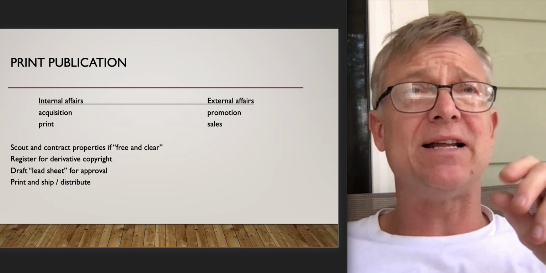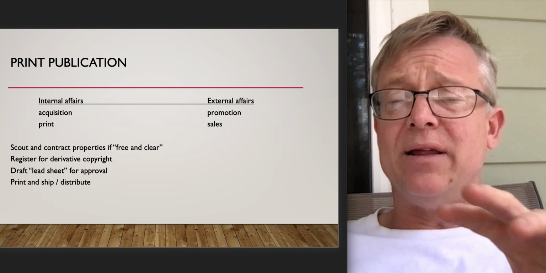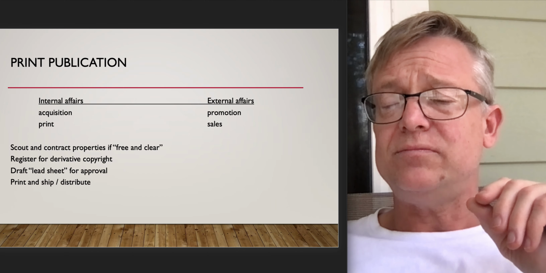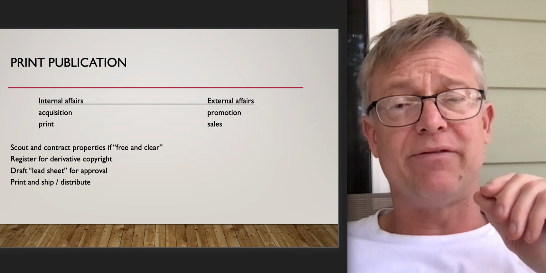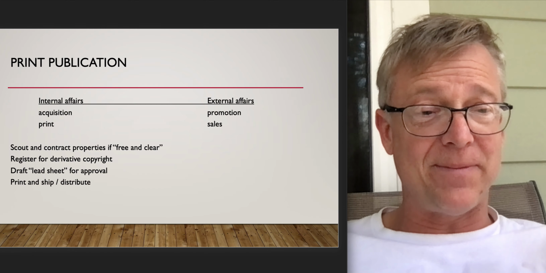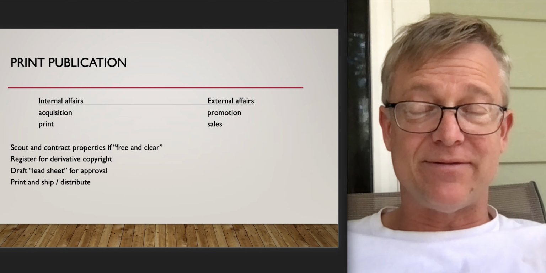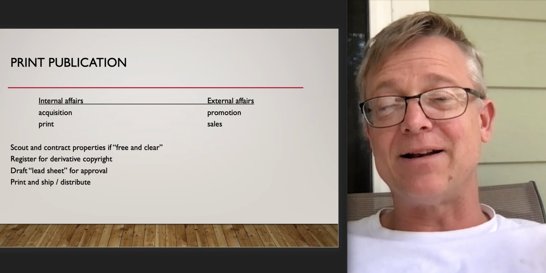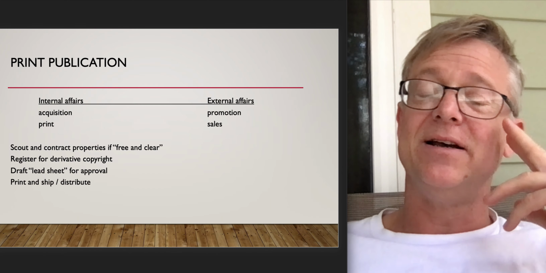If you're going to have greatest hits of David Bowie, that's more likely going to be an exclusive rights deal because they don't want some other print company to have even greater hits of David Bowie. That's not going to do great for business.